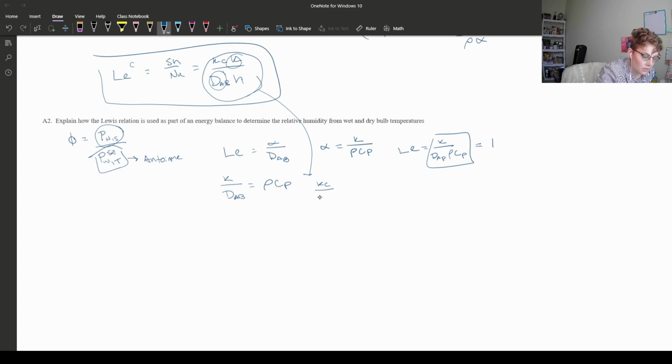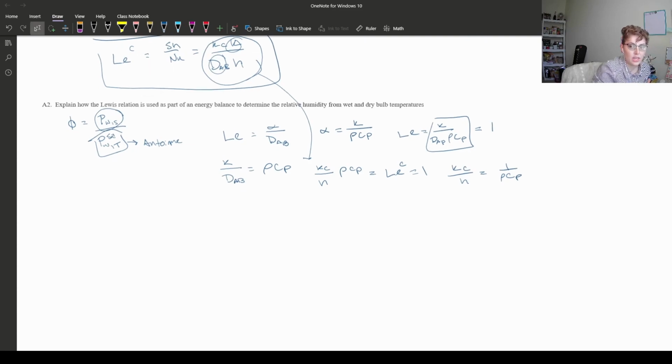So we have our mass transfer coefficient over our heat transfer coefficient times the volumetric heat capacity, and we can set that equal to the Lewis number to the c power. But any time 1 is set to any power, it's going to be equal to 1. So we know that this is also equal to 1, which allows us to say that the mass transfer coefficient over the heat transfer coefficient is equal to the specific volumetric heat capacity. That is the first thing that we need to determine and prove.